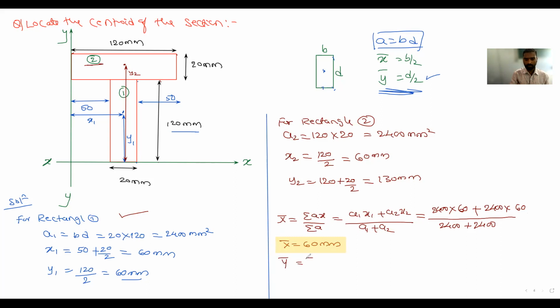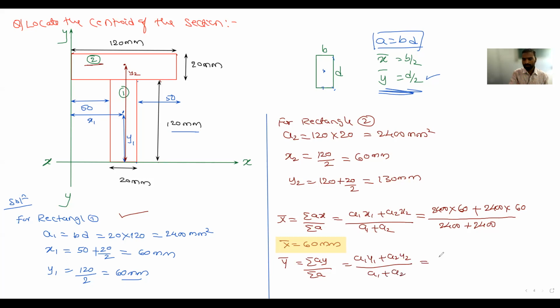Then y bar is equal to summation of a into y divided by summation of a. Tell me what is the formula? a1 y1 plus a2 y2 divided by a1 plus a2.